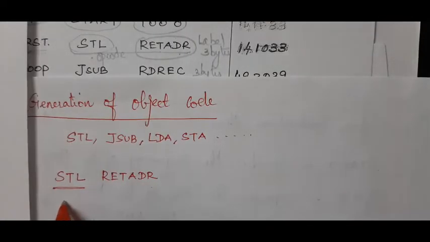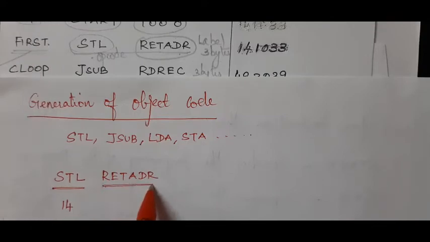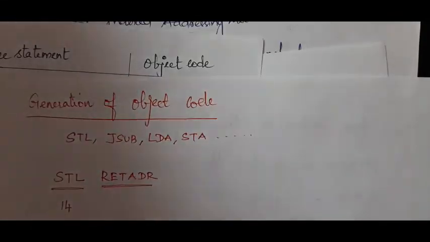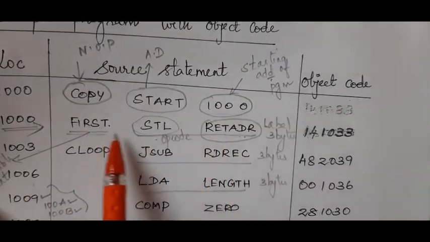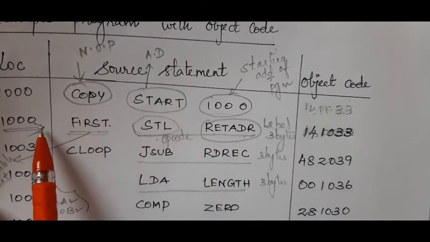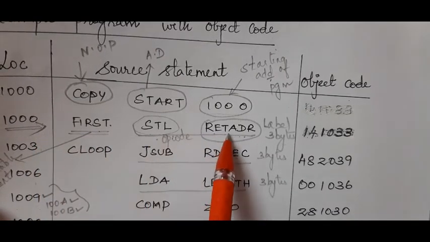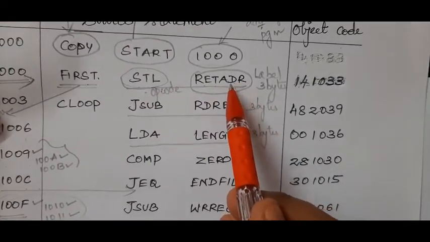So we'll write 14 here. RETADR, return address, which means what? A label. So in an assembly program, we see RETADR. So this is the first STL return address, which means the first program starting here, STL return address. So we have to search where this return address starts.